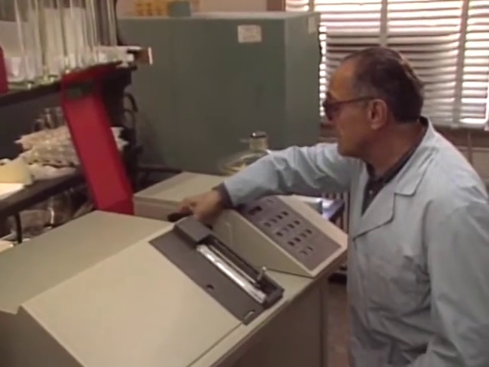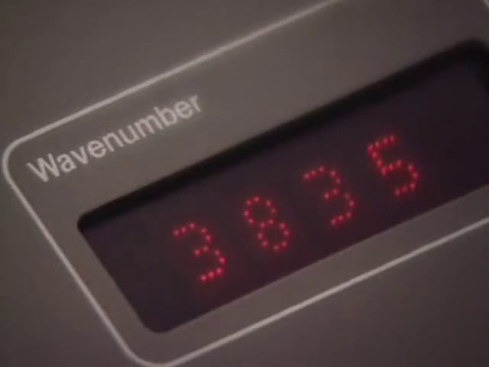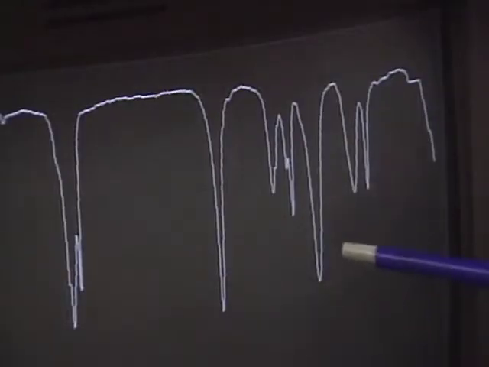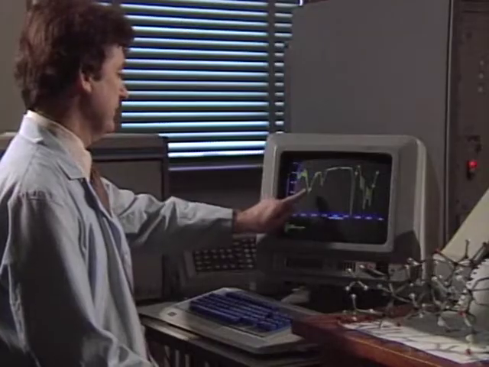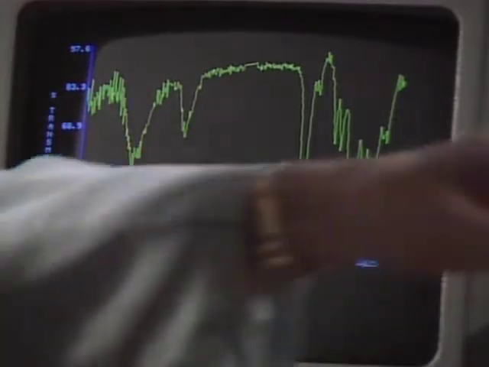Spectroscopy is an analytical method that makes use of molecular absorption. A beam of radiation is sent through a sample, and a spectrum shows which frequencies have been absorbed and which ones have passed through. The peaks and valleys of the spectrum provide clues to the sample's molecular structure.